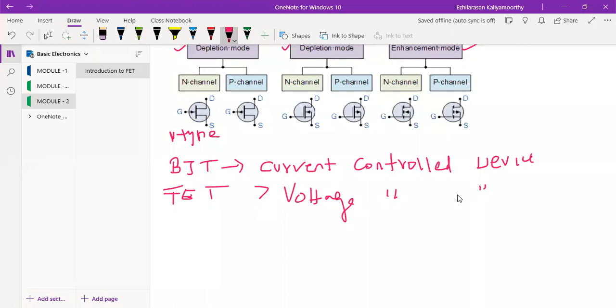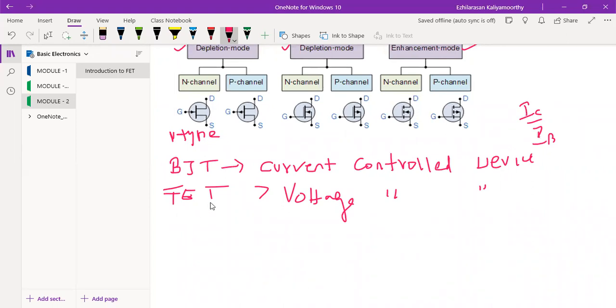Normally, in the BJT, the base current will control the amount of collector current. That is why the output for the BJT is IC by IB. I think in your PU you might have studied the NPN configuration and PNP configuration, like IC by IB, where IC is the collector current and IB is the base current.